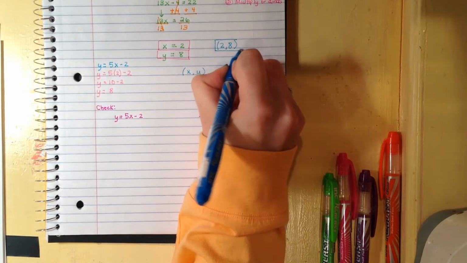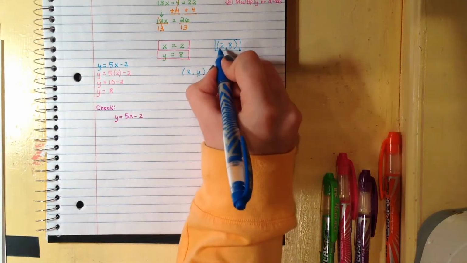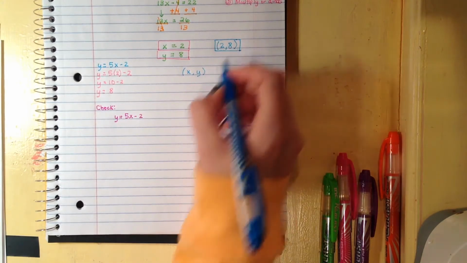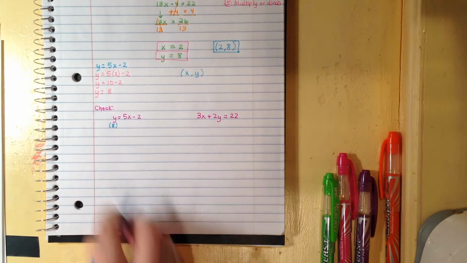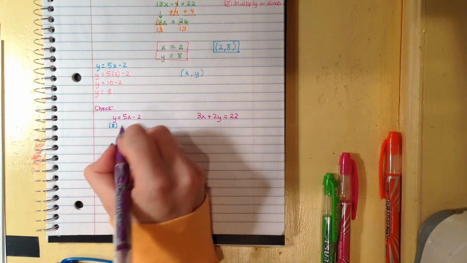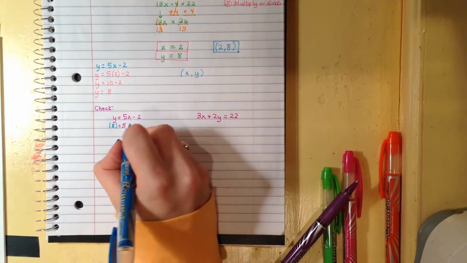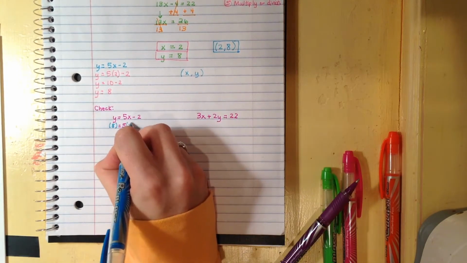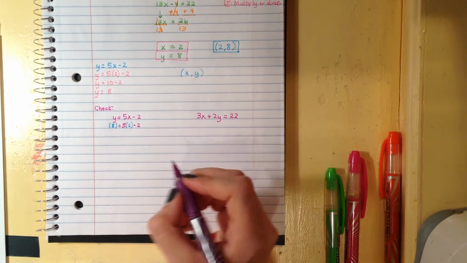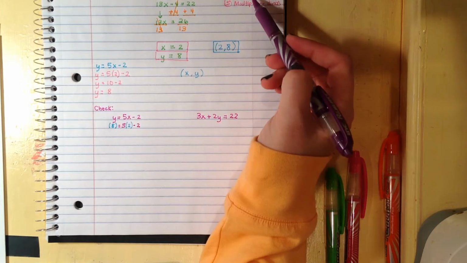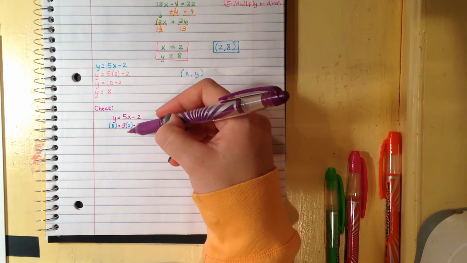Now we are going to check and make sure we did not make any careless mistakes. So 2 is my x and 8 is my y. So I'm going to go ahead and plug in my 8 for y equals 5 and my 2 for x minus 2. Now I'm still using these 5 rules to simplify this equation.